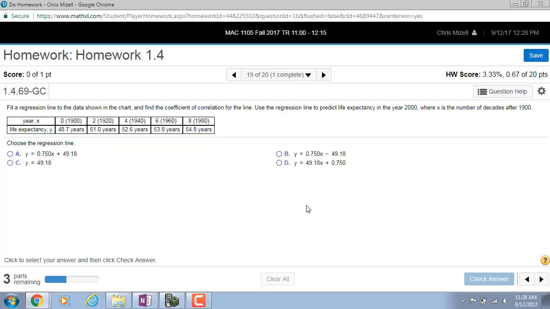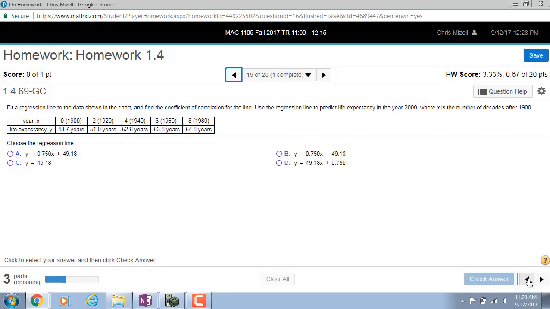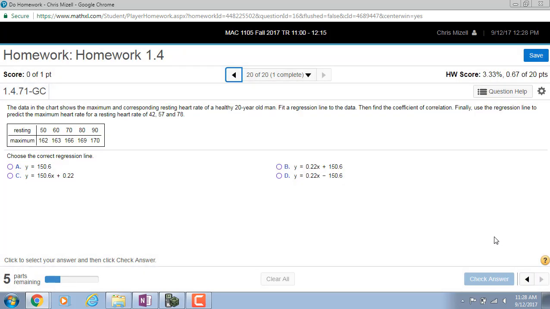Of the other two, I don't think I want to take time for both, but does anybody struggle with one or the other and would prefer to see either the life expectancy problem or the resting heart rate problem? Do I have a preference? Maybe none of the above?